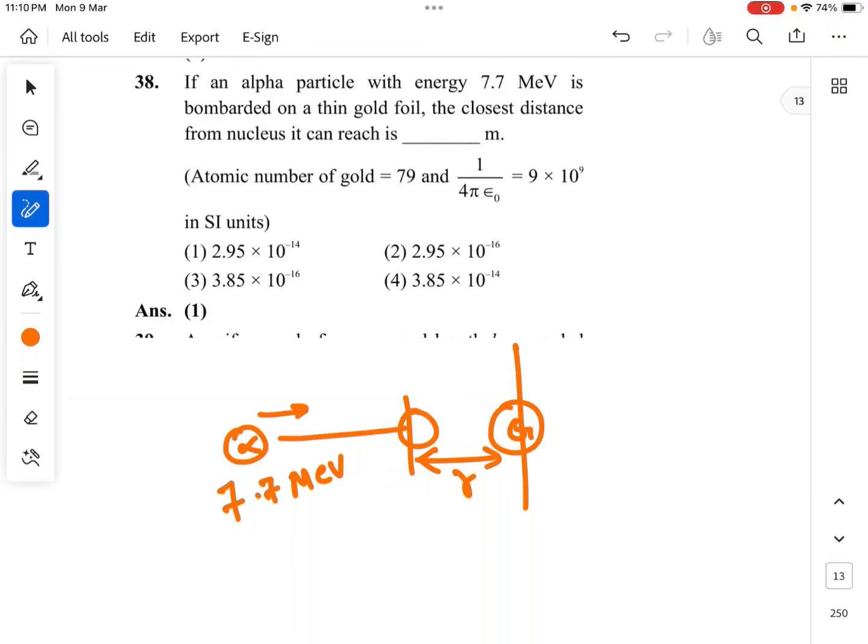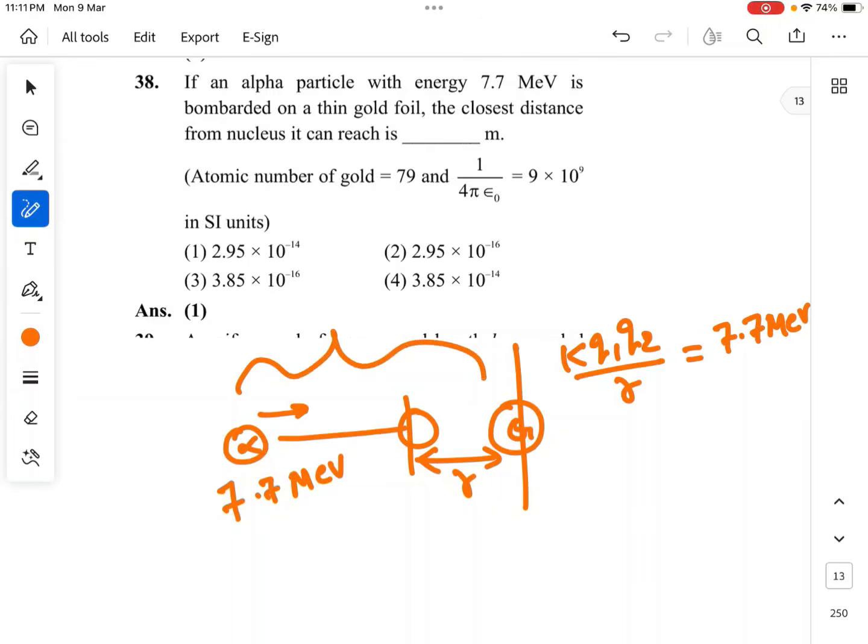Then when it is nearest, the potential energy would be K q1 q2 by r, which must be equated to the initial kinetic energy, that is 7.7 mega electron volts. Because initially we assume that the potential energy is almost zero, since it is coming from very far. Now the K value you are given: 9 into 10 power 9, multiplied by the charge of the alpha particle.